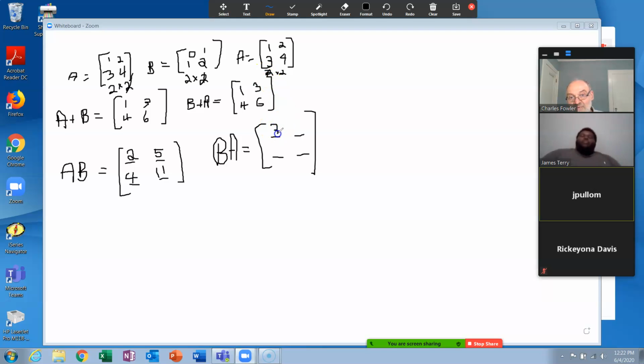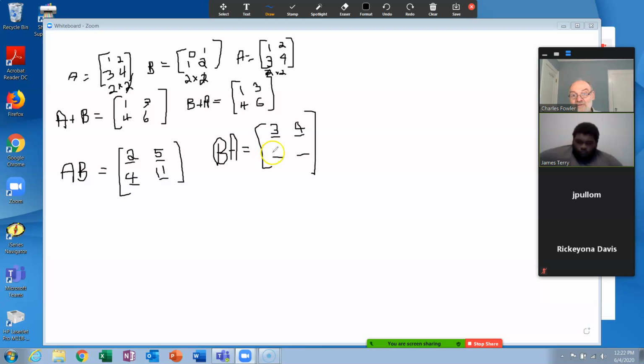So that's the 1,1 entry of your product matrix. What's this position here? First row, second column. So you do the first row of the first matrix, B, times the second column of the second matrix, A. So it'll be 0 times 2 is 0. And then 1 times 4 is 4.